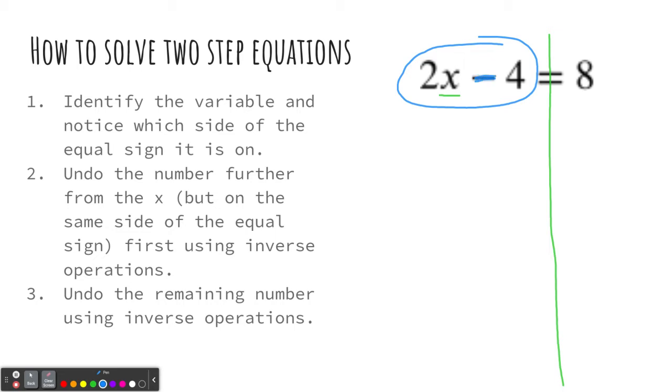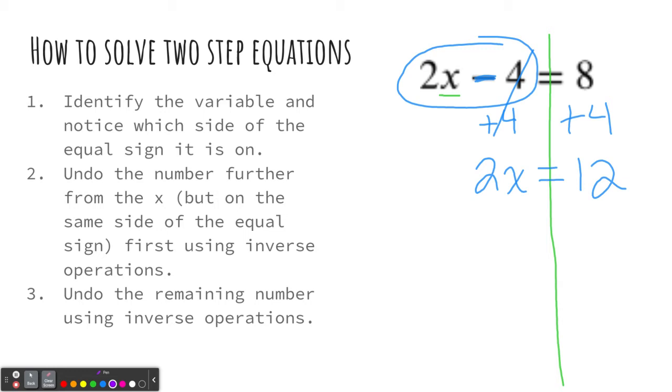To undo subtracting 4, I'm going to add 4, and we have to do this to both sides. These cancel out, and we will be left with 2x equals 12.